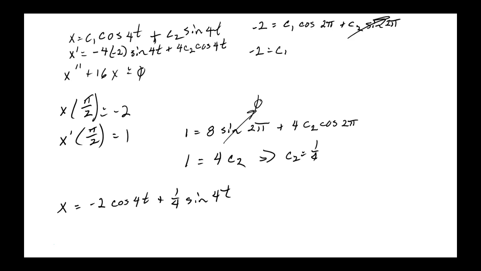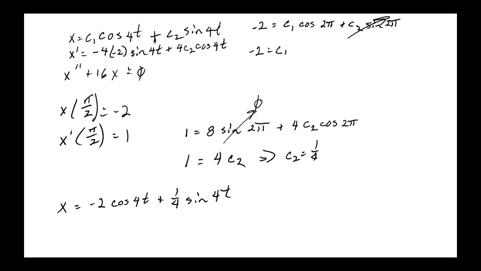That is the one, and perhaps only, but certainly one, solution for that differential equation, the x double prime, blah, blah, blah, that fits those two initial conditions. Okay? This one came from that one. This one came from this one. Now, not always will they work out that way. It may be that you have two equations, two unknowns, and you have to solve those to get what those are.